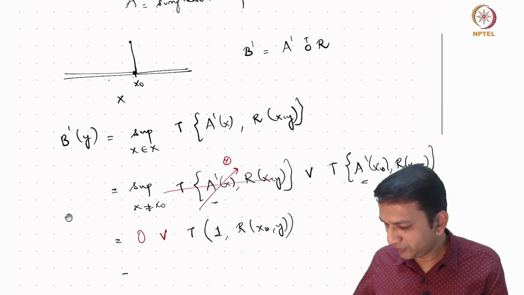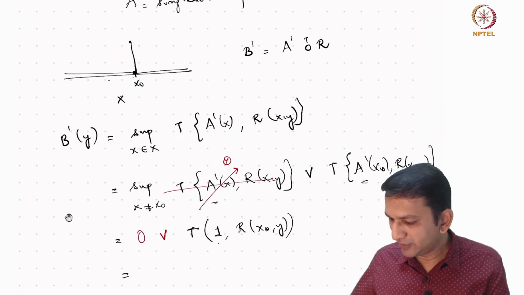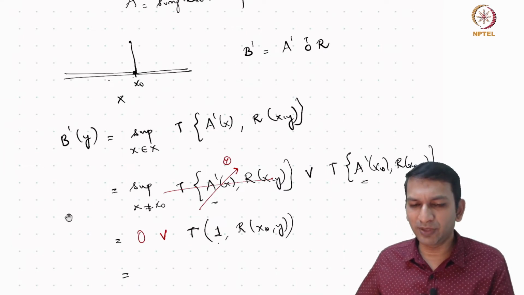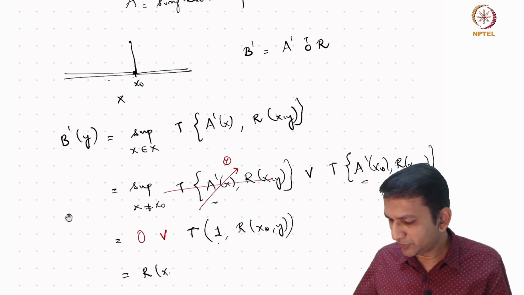Clearly this is equal to, because 1 is the left neutral element, or both left and right neutral element, for the T-norm T, what we obtain is R of x0, comma y, which is nothing but f of A of x0, comma B of y.